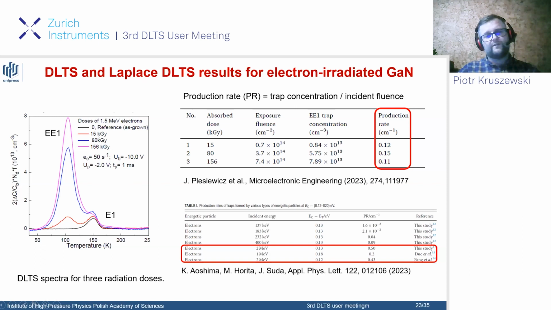So we converted our kilograys, which is the absorbed dose, into exposure fluence, and we calculated the production rates, which are similar in some cases to others reported in the literature. However, this is the only paper dealing with gallium nitride grown on ammono-GaN substrate. This is a special type of GaN substrate grown by the ammonothermal method.